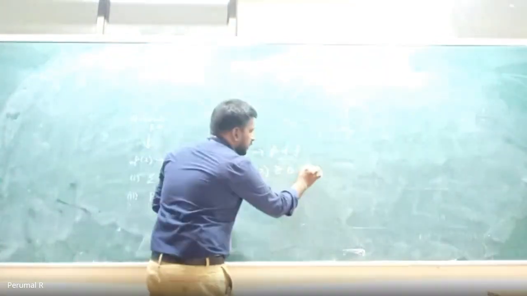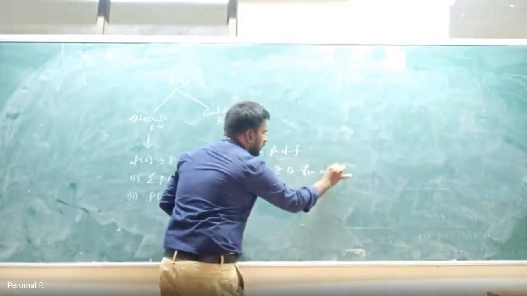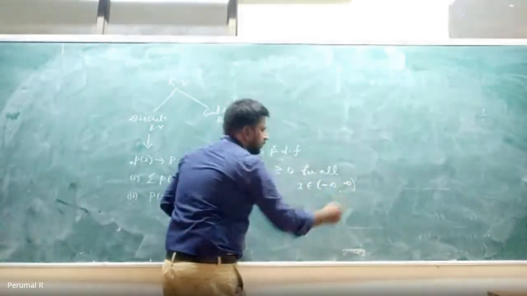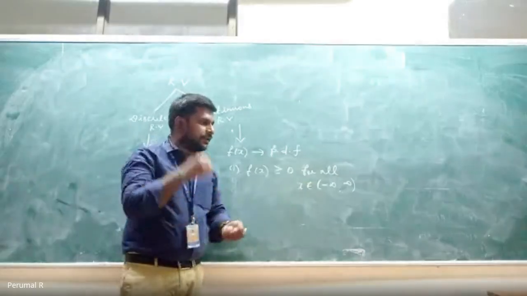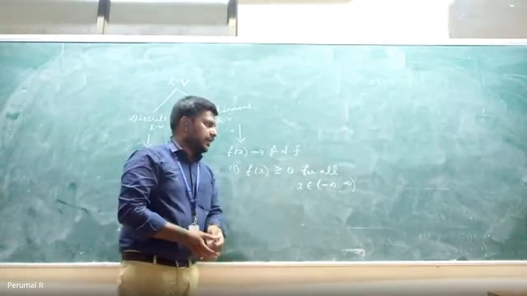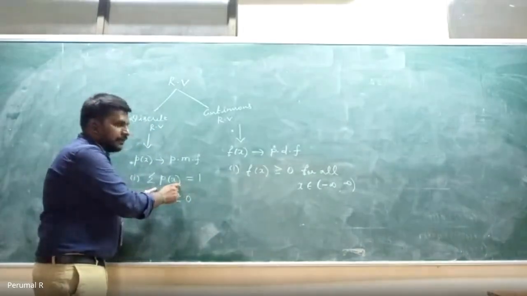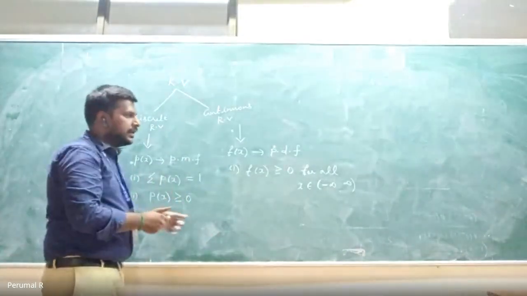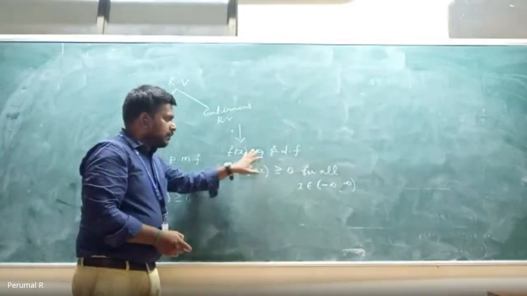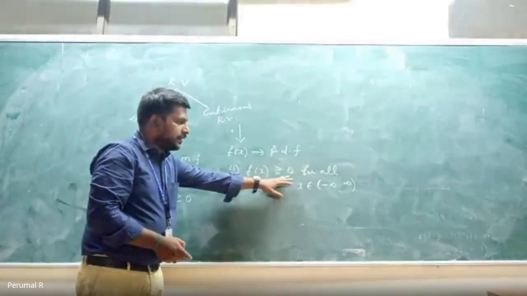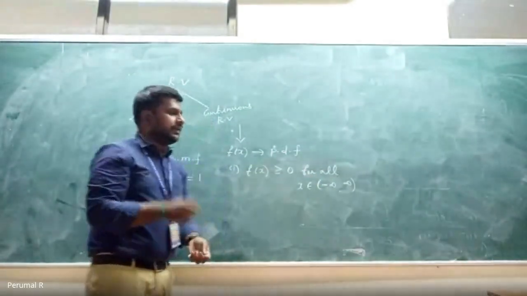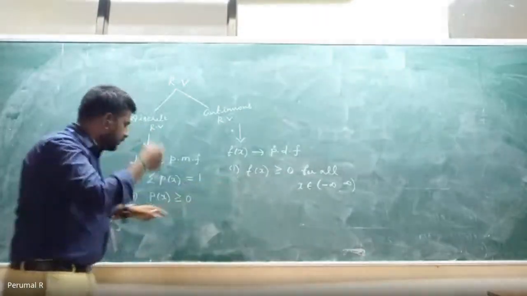So you write for all x belongs to minus infinity to infinity. Therefore your probability density function should be greater than or equal to 0 for all x in this interval, minus infinity to infinity. This is one of the conditions.